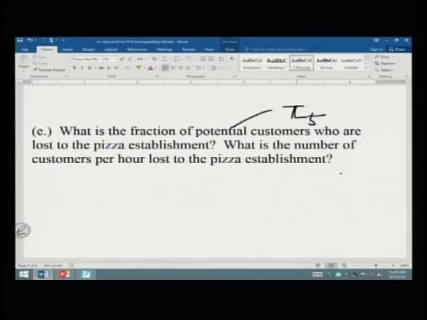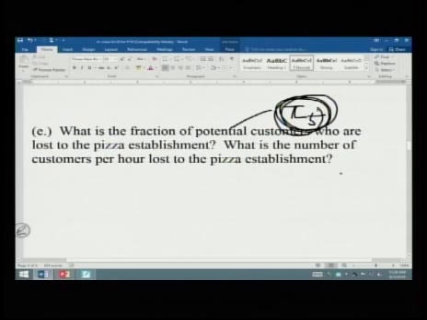So this fraction of customers will go to the pizza restaurant, right? And then down here, it asks you the exact number of customers lost per hour. So what you need is pi 5 times what? 10.